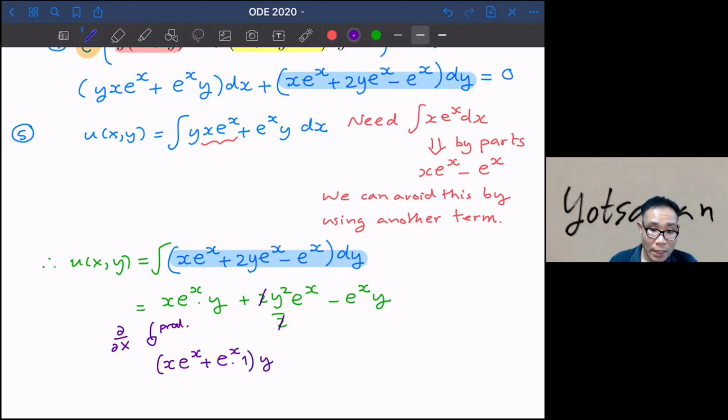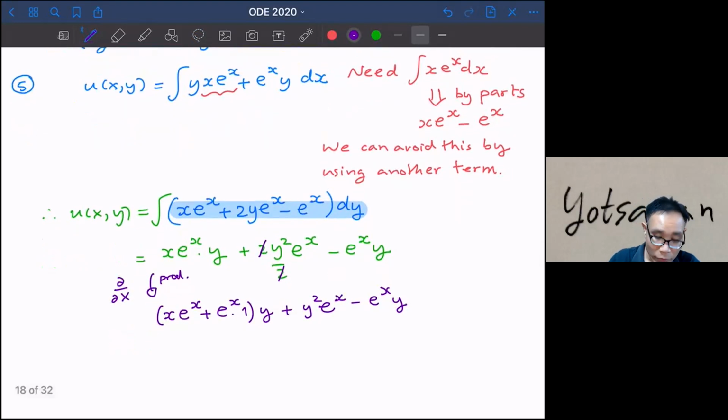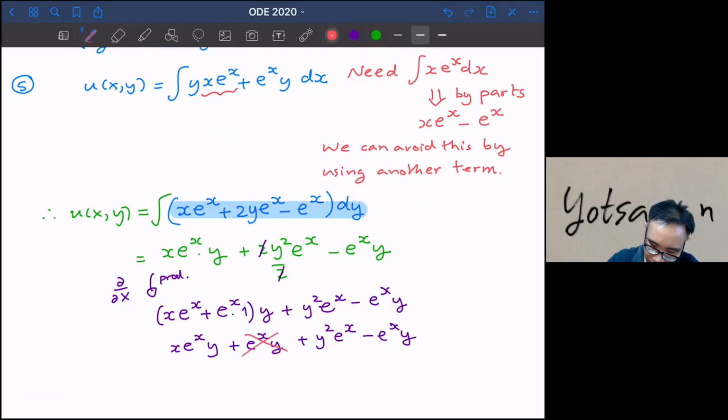The second one turns out to be y squared e to the x. The third one is going to be e to the x times y. So this is x e to the x y plus e to the x y plus y squared e to the x minus e to the x y. And they cancel each other.